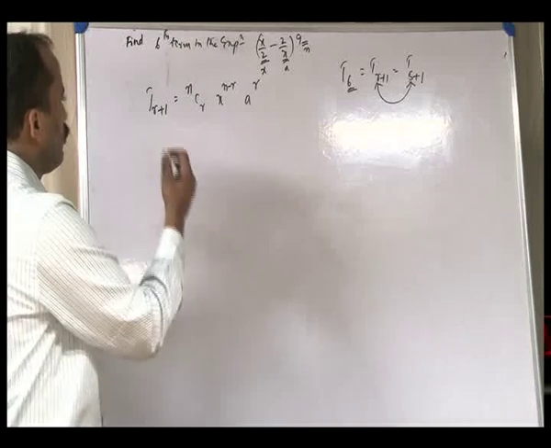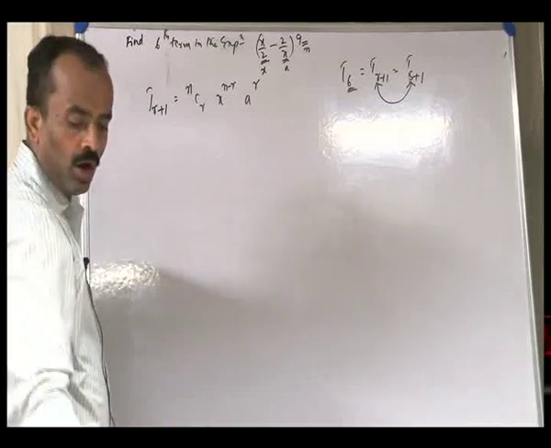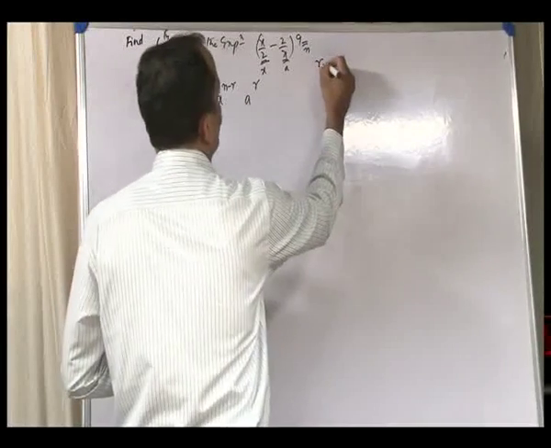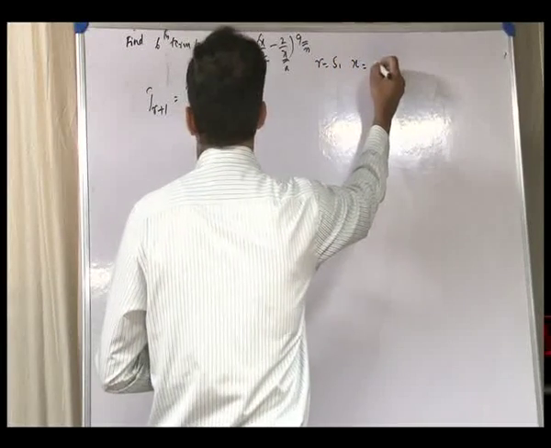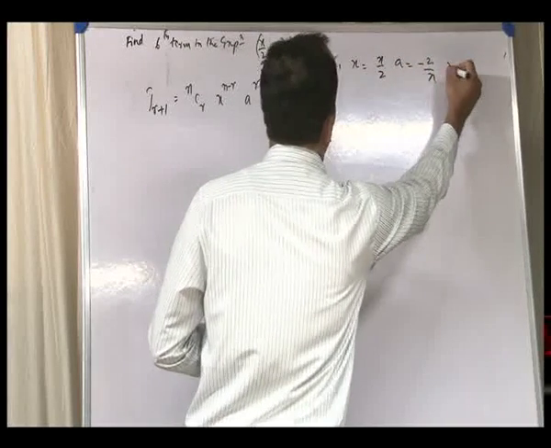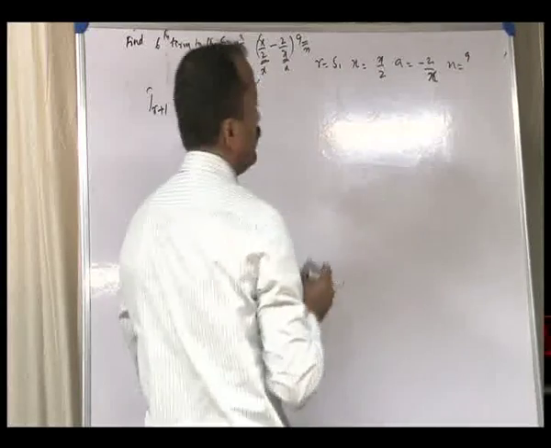Now, let us go for the expansion. What is the r value now? r is equal to 5. x is equal to x by 2, a is equal to minus 2 by x and n is equal to 9.